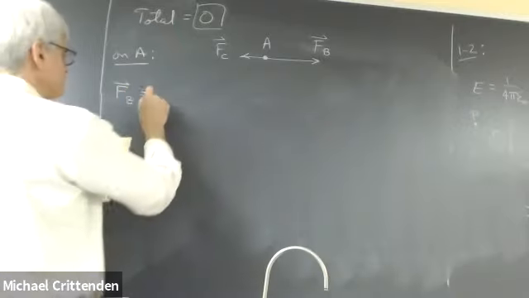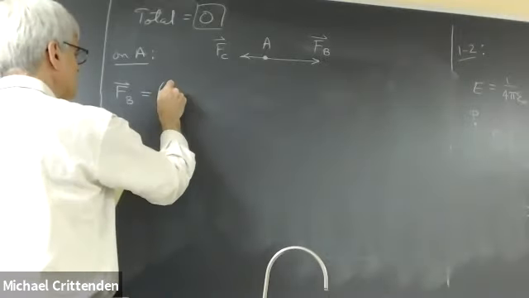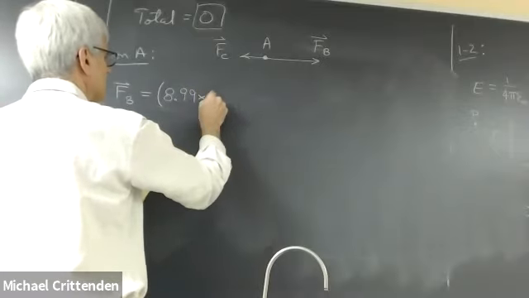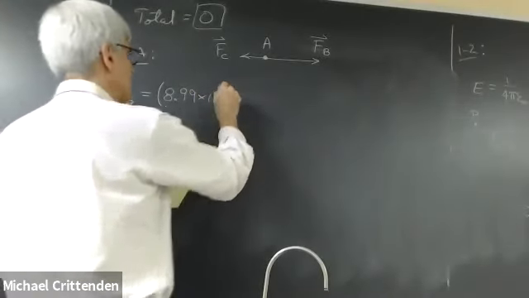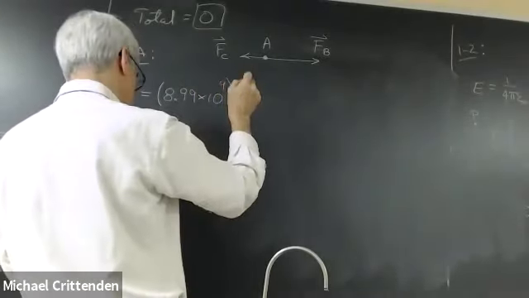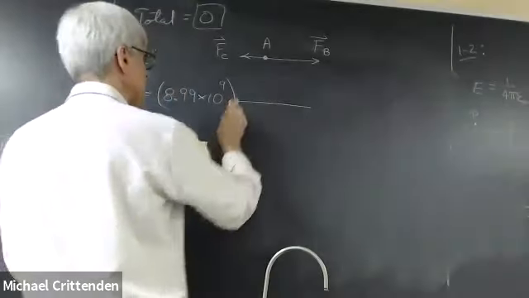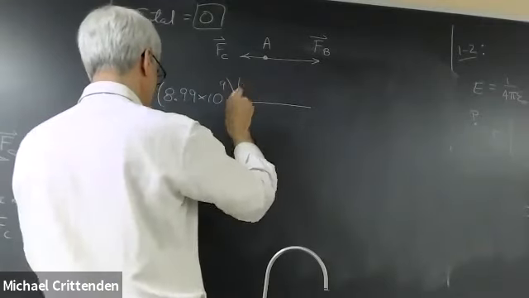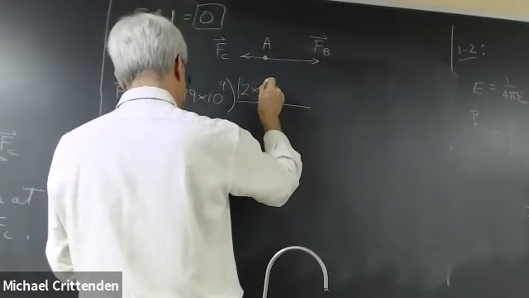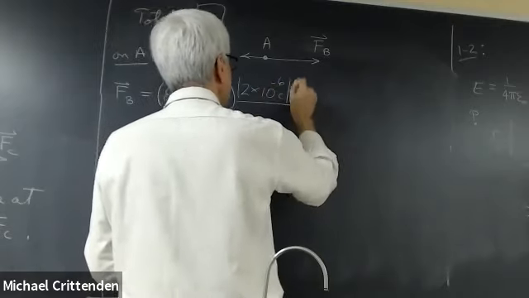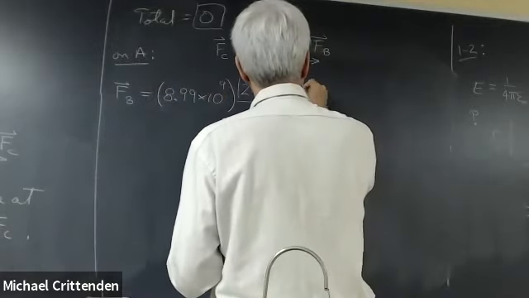Coulomb's law. Coulomb's law constant is about 8.99 times 10 to the 9th power. Product of the charges, 2 microcoulombs, 3 microcoulombs.